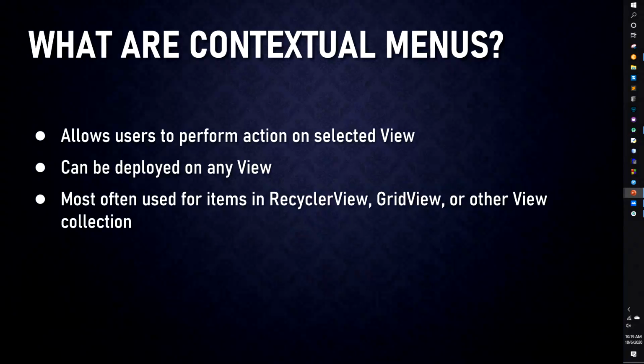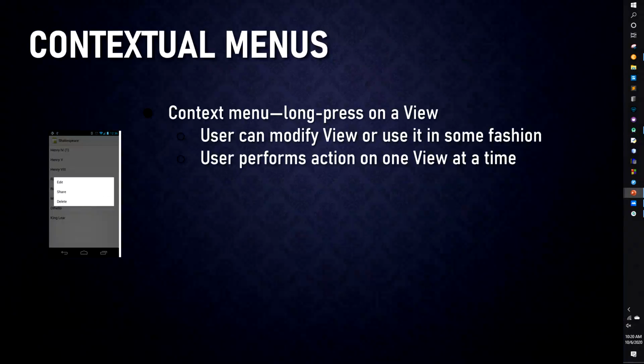So you can select the view to allow the user to perform some action. You can attach this contextual menu to that specific view, and it can be deployed on any view. Most often we use this one with RecyclerView and also GridView and others. We will talk about RecyclerView if we have enough time in today's topic too.